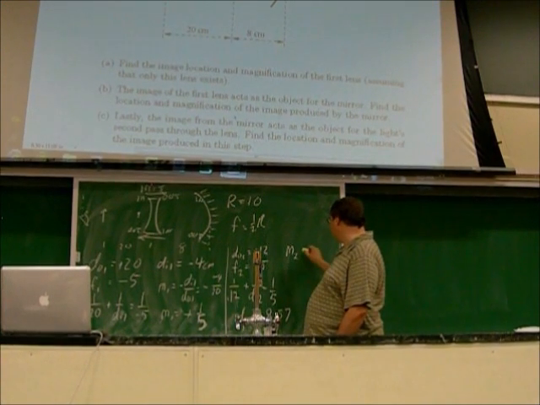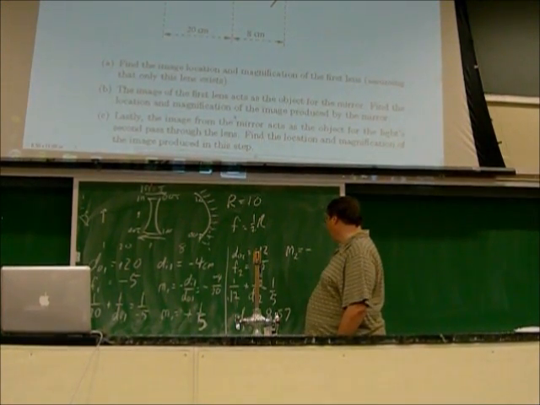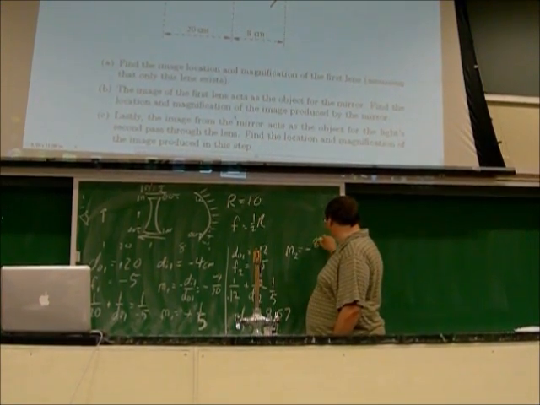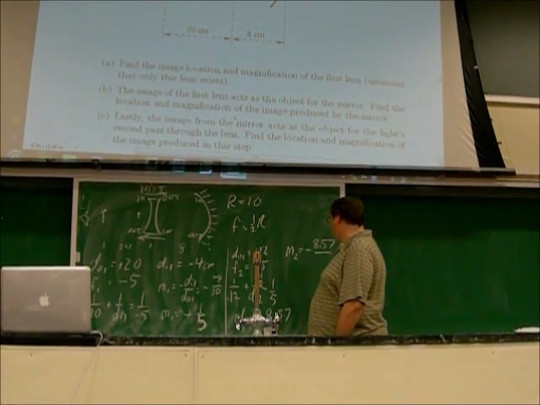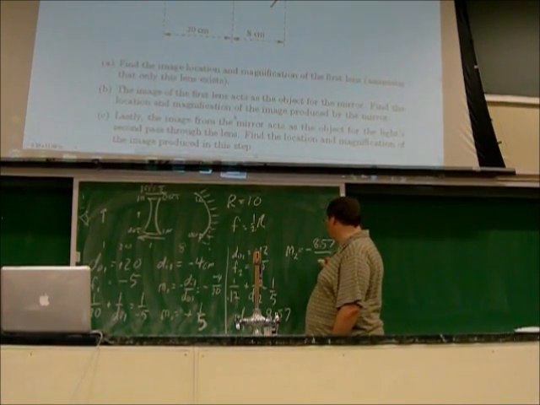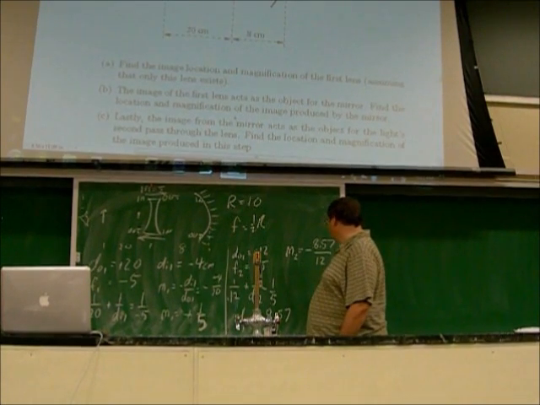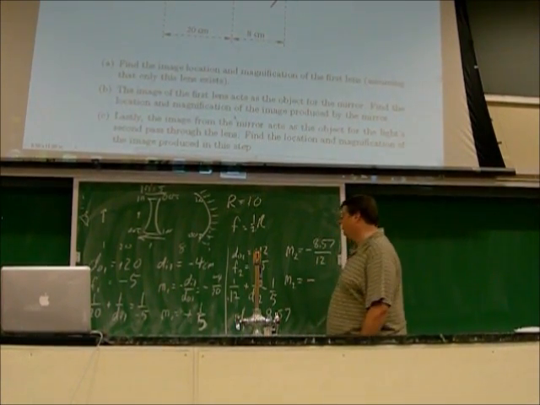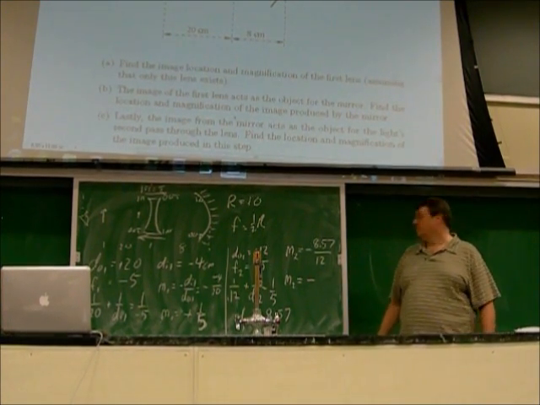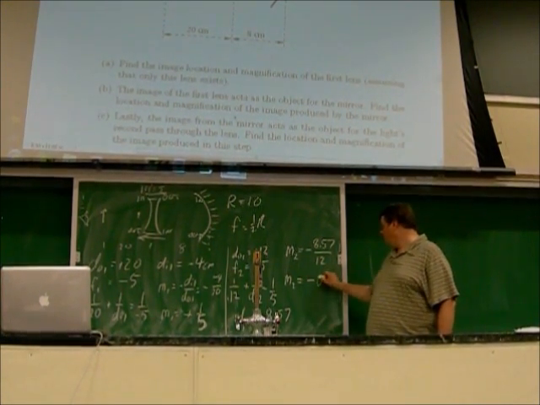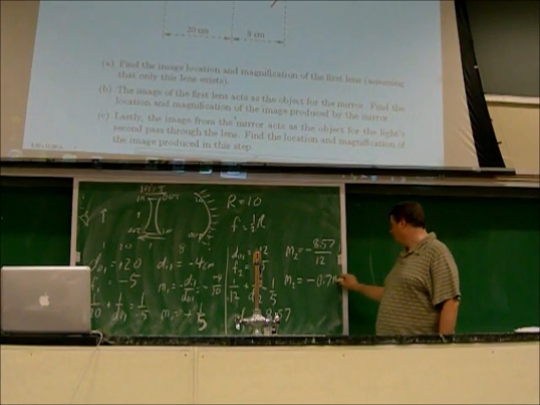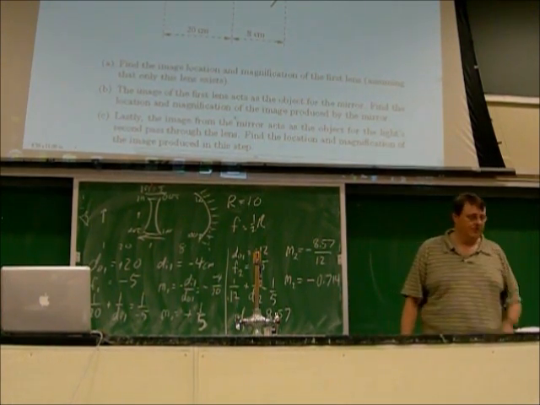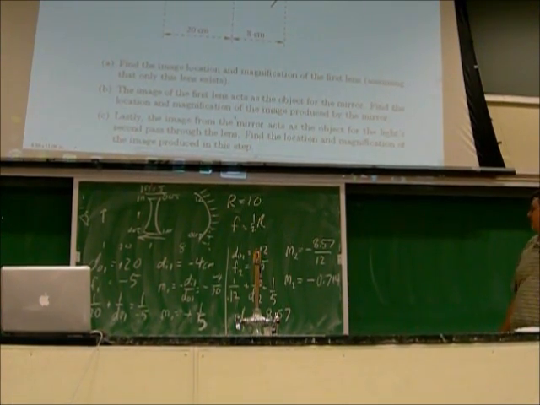Magnification in step 2 is negative image distance over object distance. So M2 is negative what? 0.714. So, what does this mean?